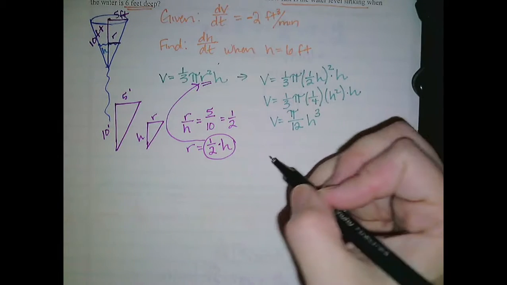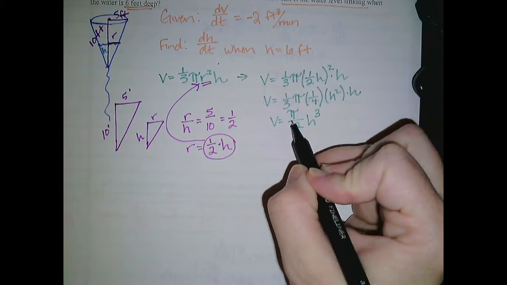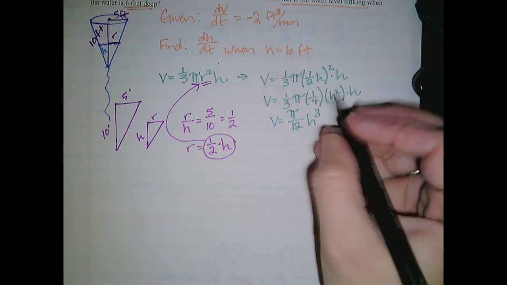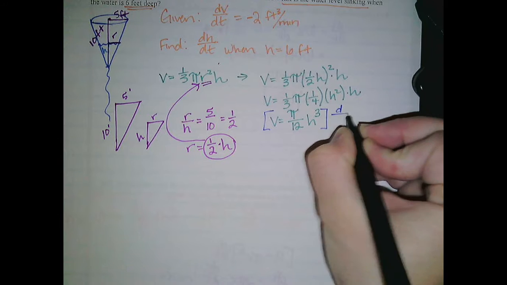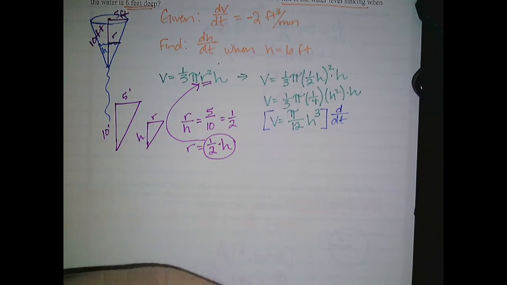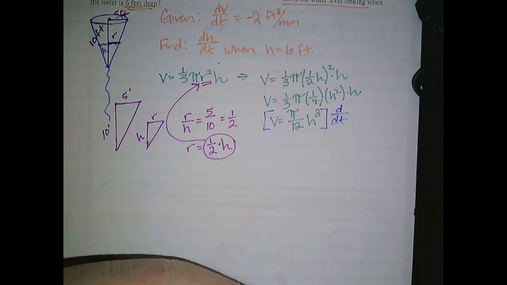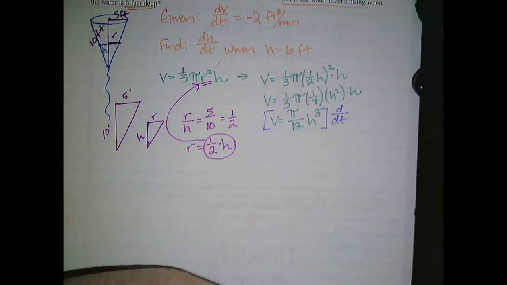So if v is equal to pi over 12 times h cubed, then if I want some relationship between dv dt and dh dt, then I can take the derivative of everything with respect to t.